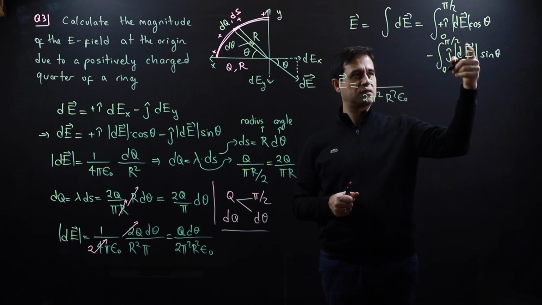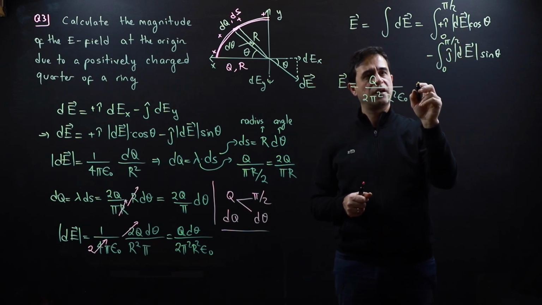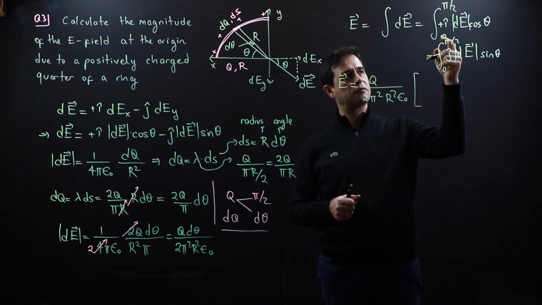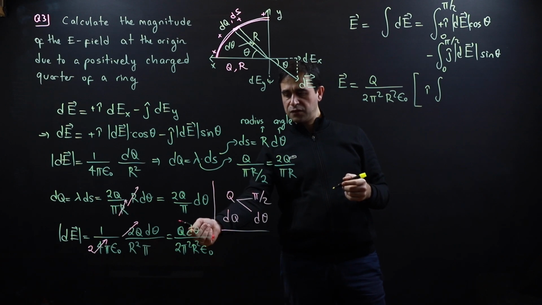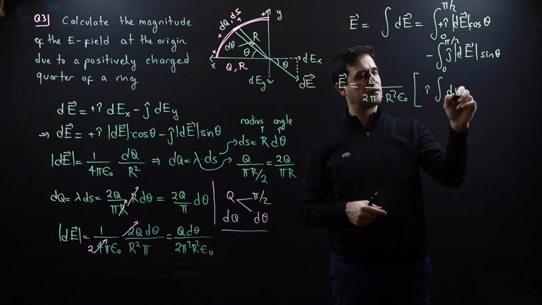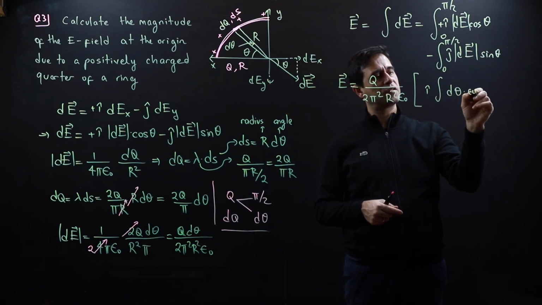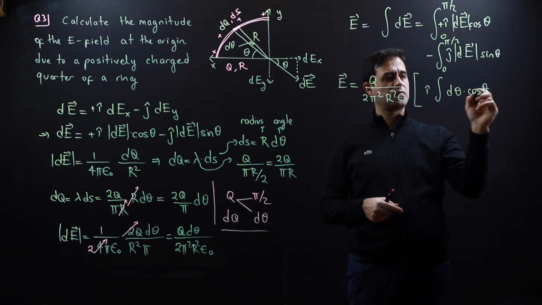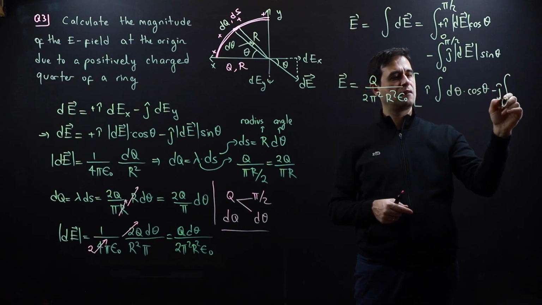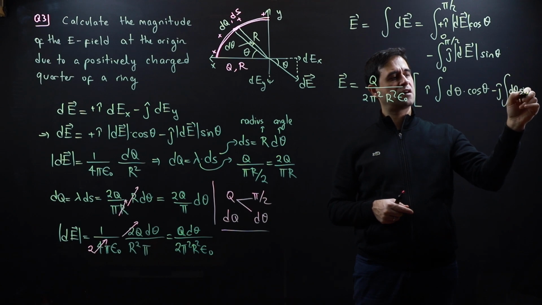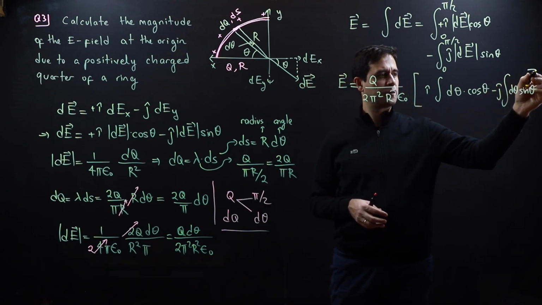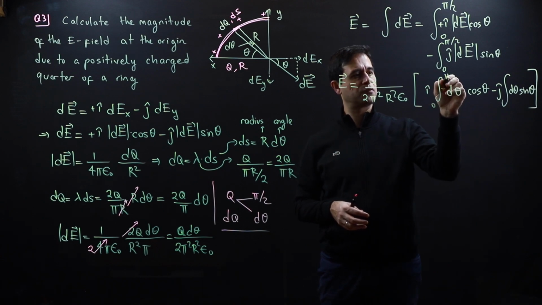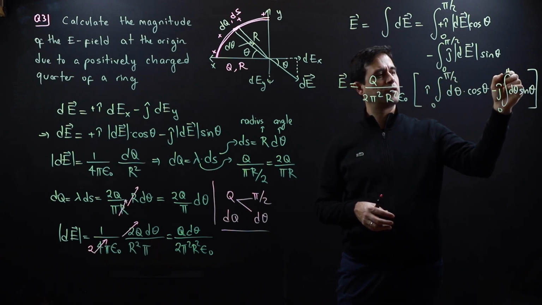That's the common factor that appears in dE. And inside the integral, I have i hat, d theta multiplied by cosine theta, and the other one will be j hat, d theta, sine of the angle theta. Okay, good. And let me close the parentheses, and the range is from 0 to pi over 2.